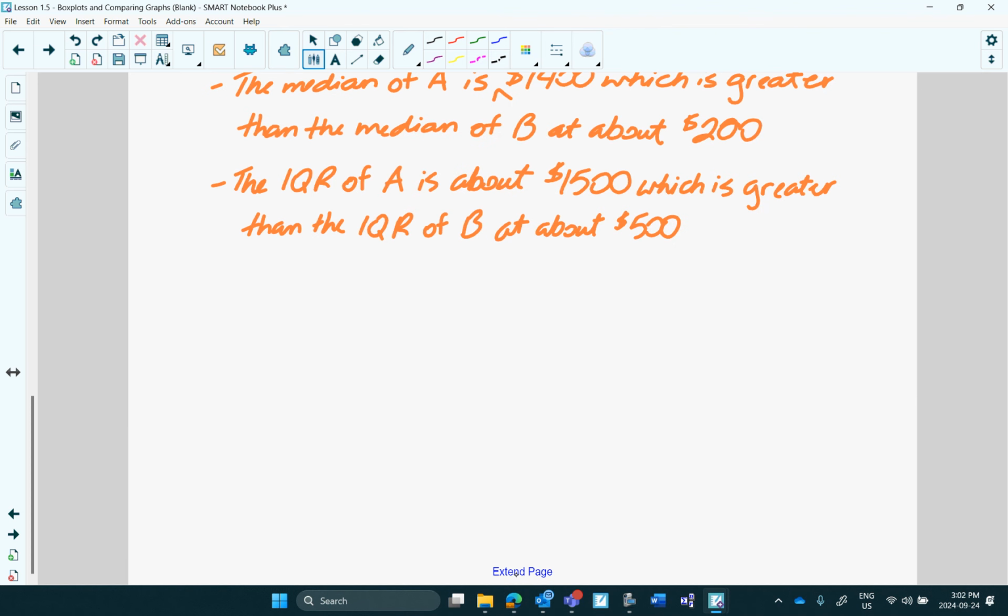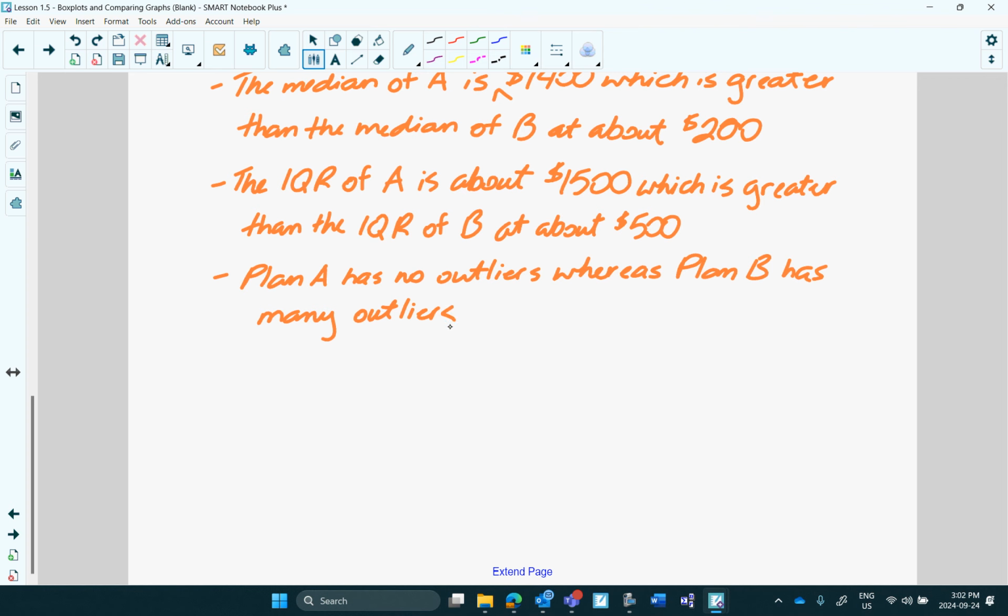And finally, plan A has no outliers, whereas plan B has many outliers. You could add high outliers if you wanted to, but this will be fine.